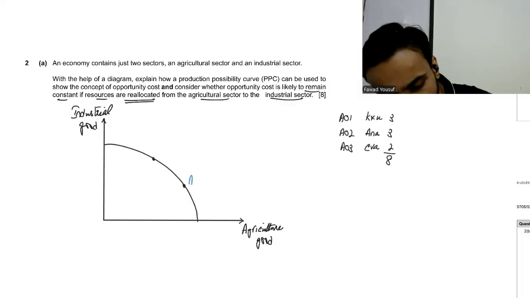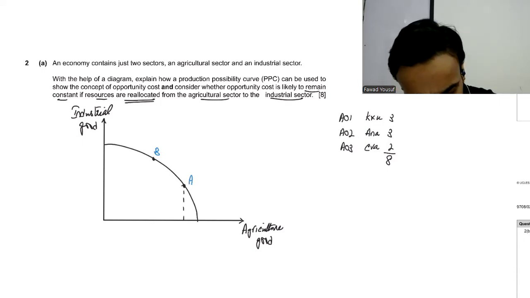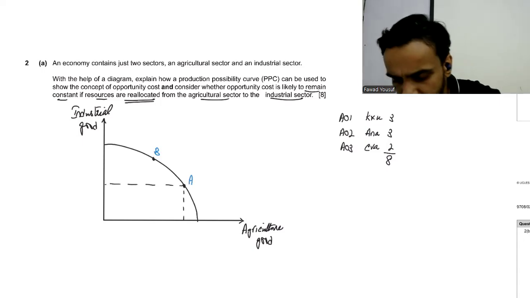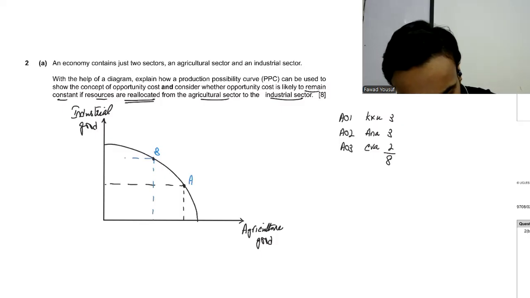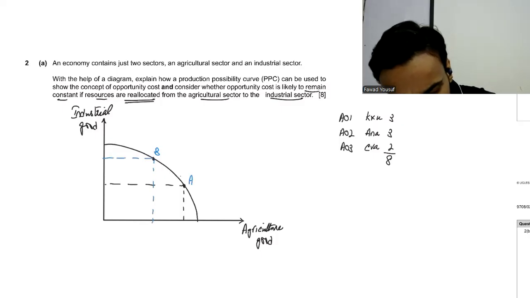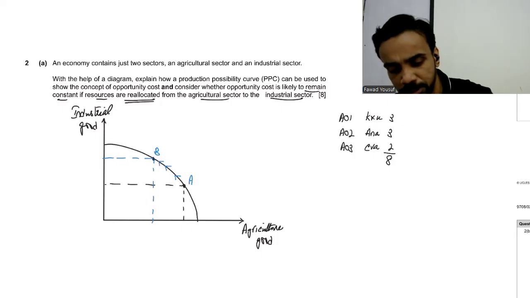So therefore, based on my markings, the reallocation needs to happen in this direction. And that trade-off, the one that I'm going to show, okay, we're going in this direction. That is essential to do in this one.